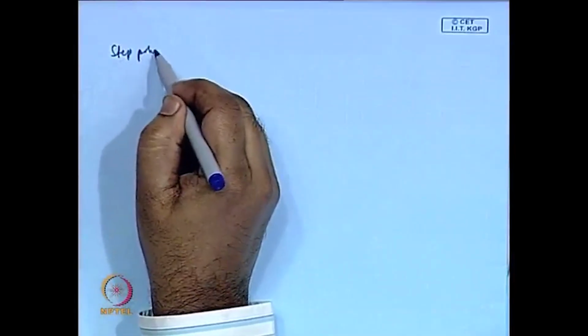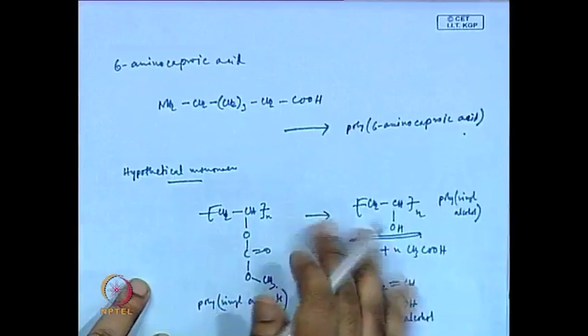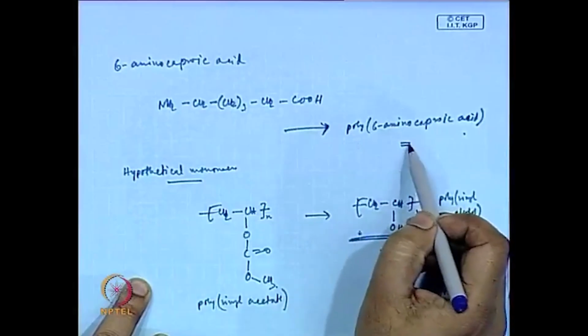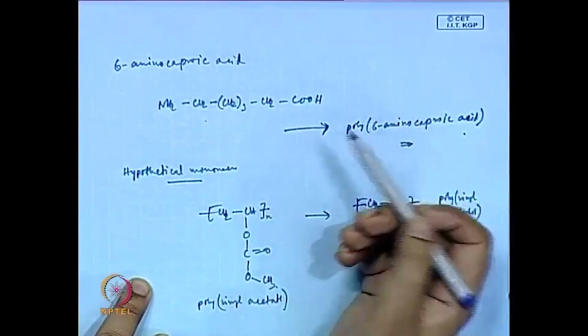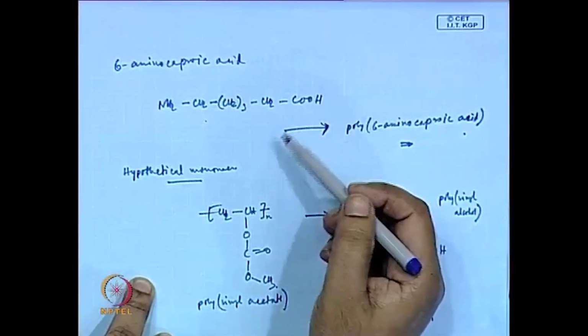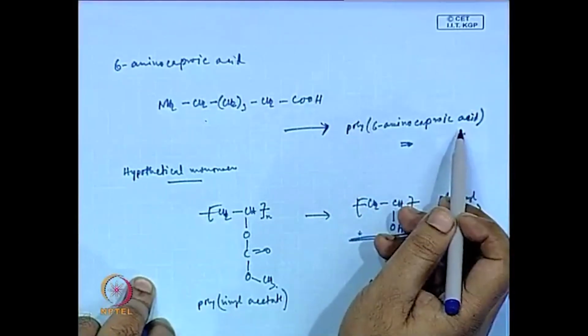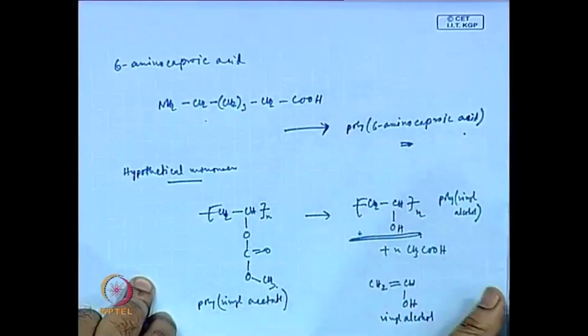How do you typically name these step polymers? We just gave the example of 6-aminocaproic acid condensing to polycaproic acid on the last page. So, if the polymer is formed by polycondensation or step growth from one monomer, then you can simply prefix poly and put the monomer name after that. That gives you the name.